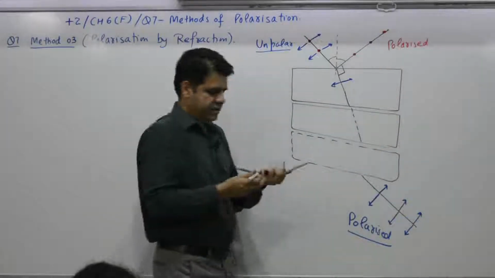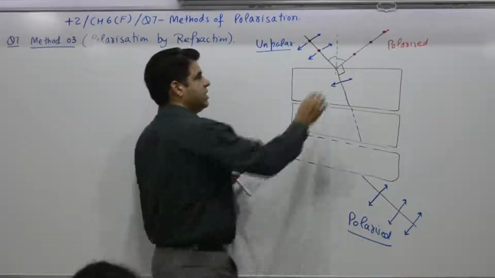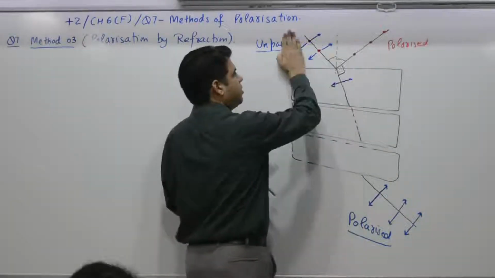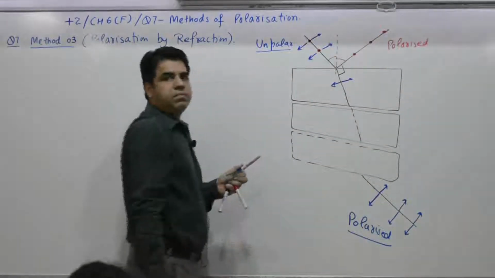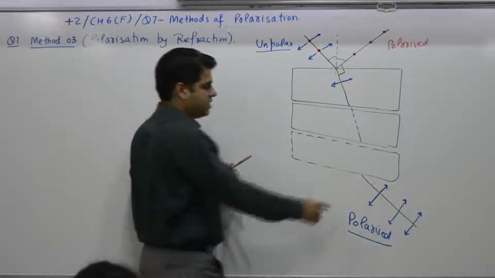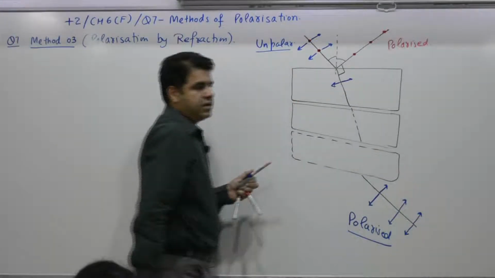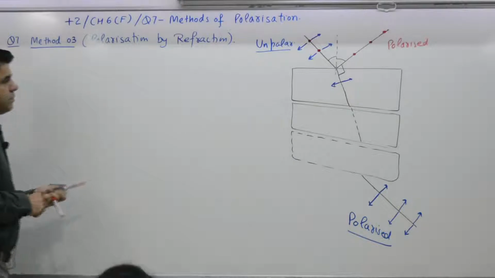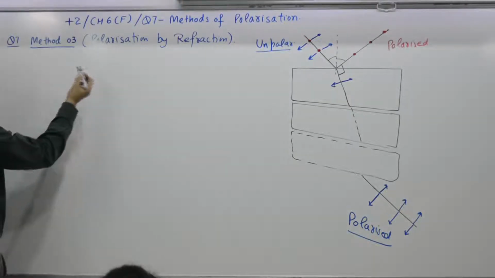The difference is what? Direction. These oscillations are perpendicular to the plane and these are in the plane. So, polarization by refraction is what?